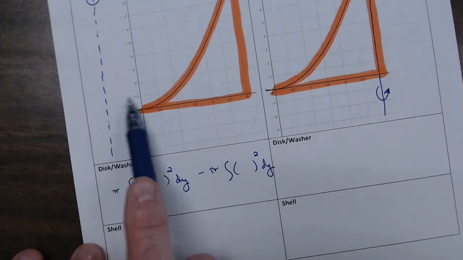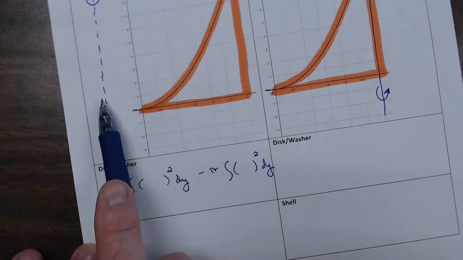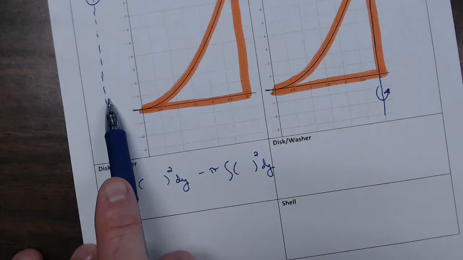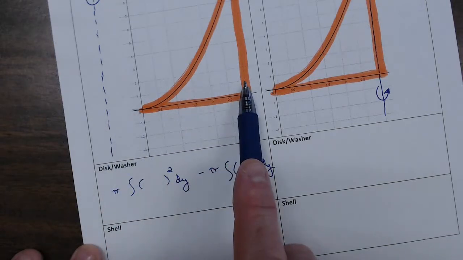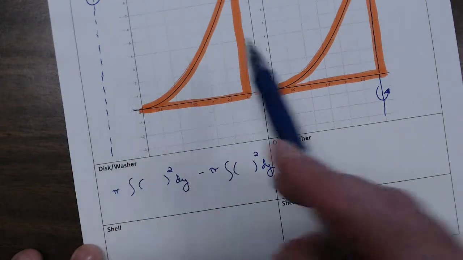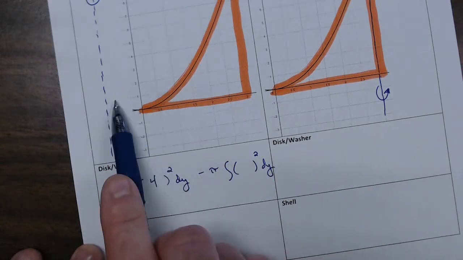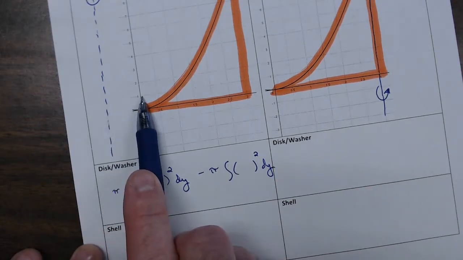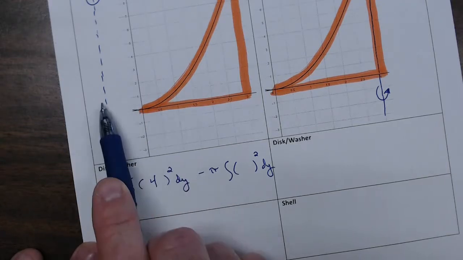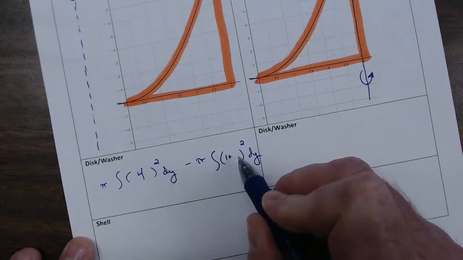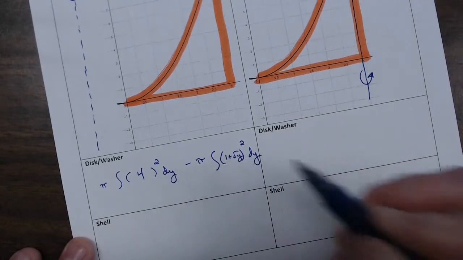Okay, we did this one in the third video, so I'm going to get through it pretty quickly here. The outside radius, the big radius, is constantly 4. The inside radius is 1 plus the x value. So I'm going to write 1 plus x.